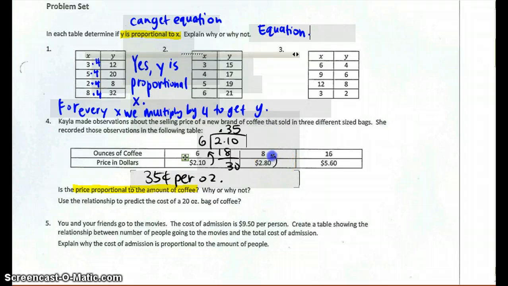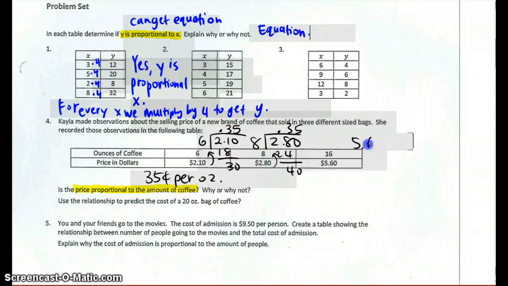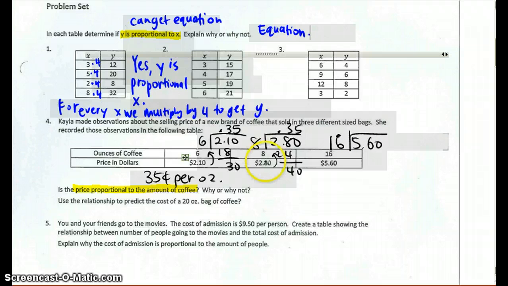Let's see if that's also true if they buy 8 ounces for $2.80. 8 ounces for $2.80 is also 35 cents. Let's see if that works for the last one, and I don't even have to divide it like I did the others, because double of 8 ounces is 16 ounces and double of 280 is 560.